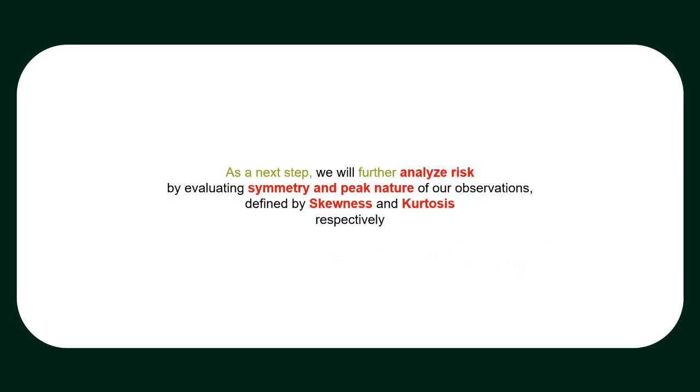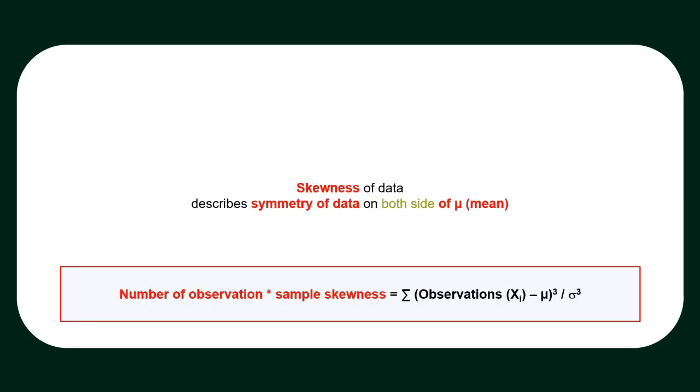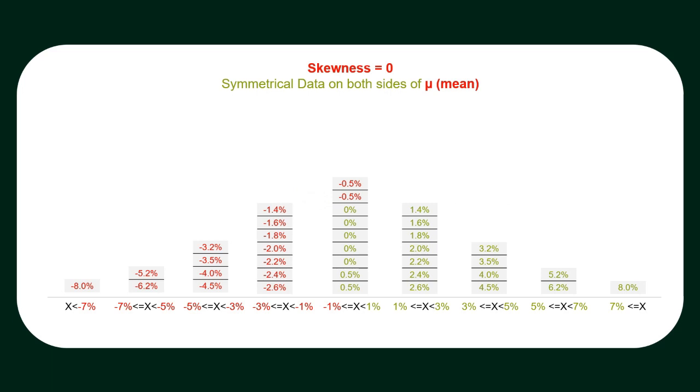As a next step, we will further analyze risk by evaluating symmetry and peak nature of our observations defined by skewness and kurtosis respectively. Skewness of data describes symmetry of data on both sides of the mean. The key point to note in the formula for skewness is that it is cubic of deviation, which implies it could be either negative, positive, or zero.